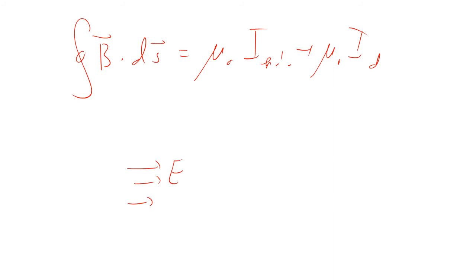Okay, so we know that capacitance is Q over V. So the electric field, or the V, is going to be Q over C, right?